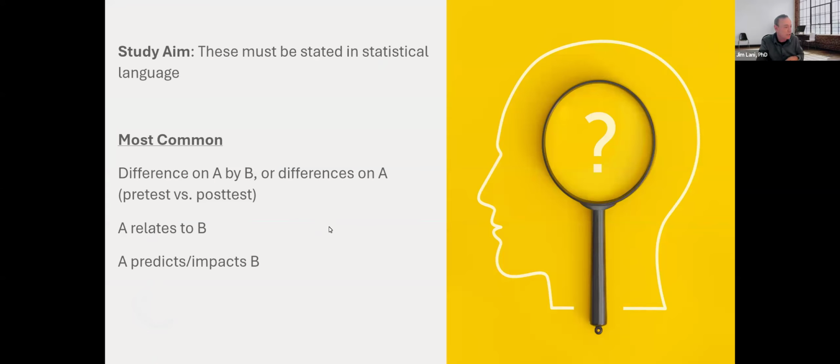Basically, those kinds of questions are: are there differences on some variable pre to post, like pain? Does pain relate to the amount of medication I'm giving, ibuprofen? Does the dose of ibuprofen and pain, do those relate together? And then prediction: does ibuprofen, different doses, impact or predict pain levels?